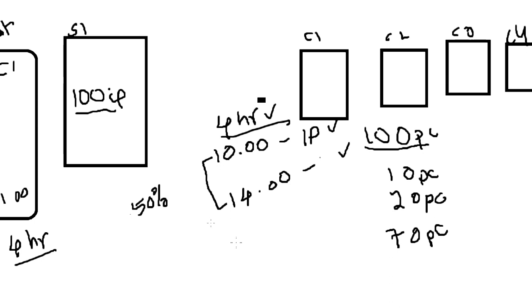What is 50% of the total lease duration? 4 hours means 2 hours, right? 2 hours is 50% of the total lease duration. So at 12 o'clock, the lease renew process will start.